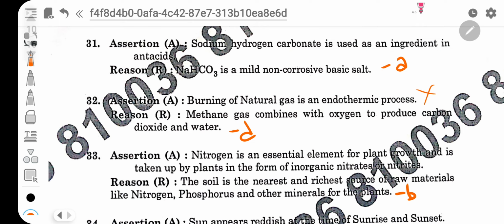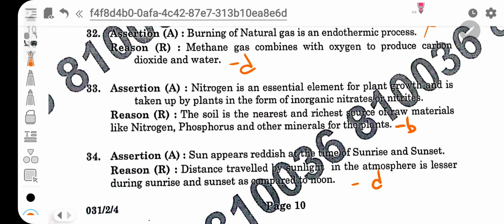So both the assertion and reason are correct, but the reason is not the correct explanation, because if the soil is rich in nitrogen, it doesn't mean that the plant takes only that. Soil is rich in SiO2 also, so is the plant taking that? So the reason is not the correct explanation of the assertion, so the answer will be B, but both the statements are correct.